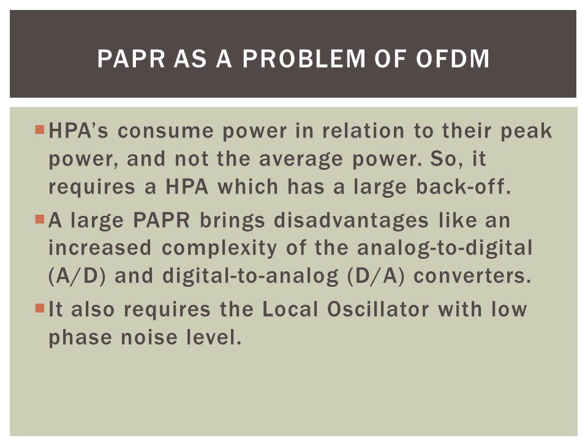In OFDM we normally operate on digital data, but if the peak power is very high, then there will be a change in the size of the ADC or DAC, because as the power changes, the number of bits which represent the signal will also change, and it affects the size of the ADC and DAC.